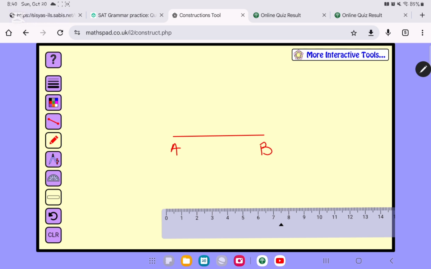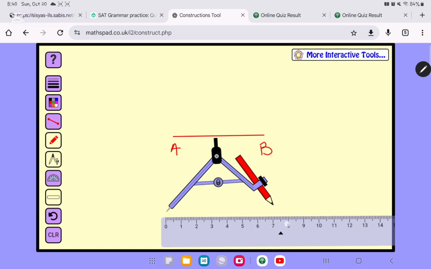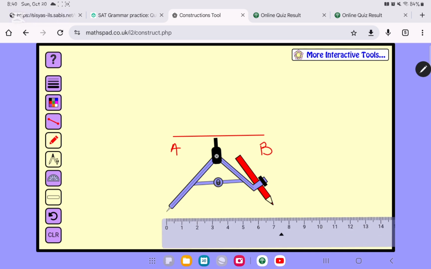They asked us in the question to draw a rhombus of length 7 centimeters. So first, we take our compass, put it at 0, and bring it to 7 centimeters. So it has a radius of 7 centimeters.